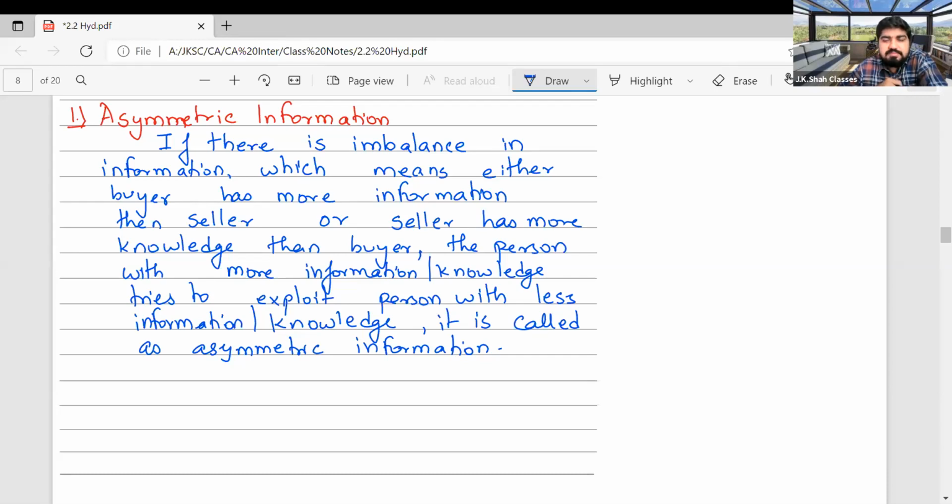So for example, let's suppose one person wants to buy a second hand car. Let's suppose I had one car, a Maruti Suzuki Swift. I purchased it in 2010.